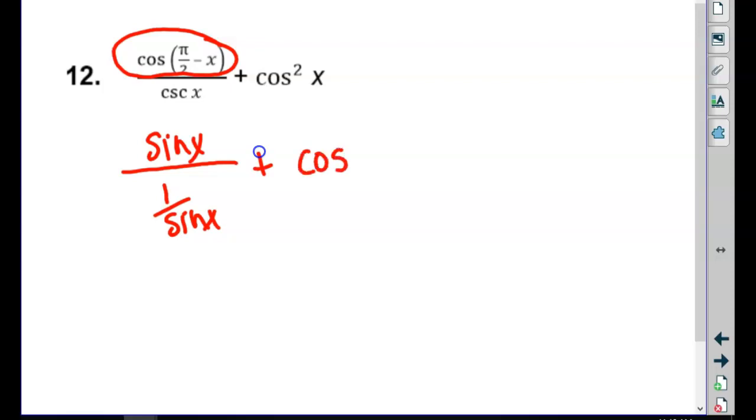plus a cosine squared. What happens when you have a sine x divided by 1 over sine? When you change it to the reciprocal, you get, right? When you divide by, do you need me to rewrite that differently?